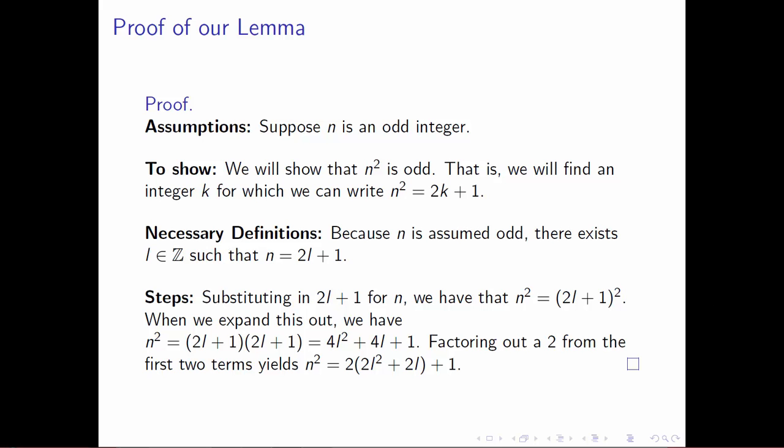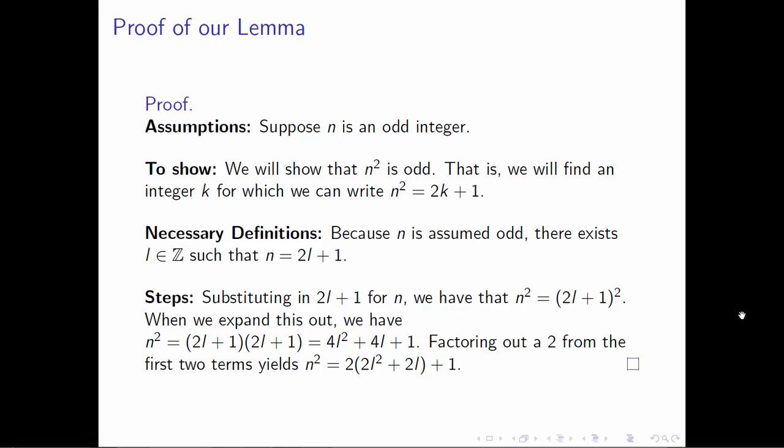First I need to substitute, then I need to expand, but then I'm going to do something that seems minorly arbitrary sometimes. Remember, what I'm trying to do is write n squared as 2 times something plus 1. As of right now, I've written n squared as 4l squared plus 4l plus 1.